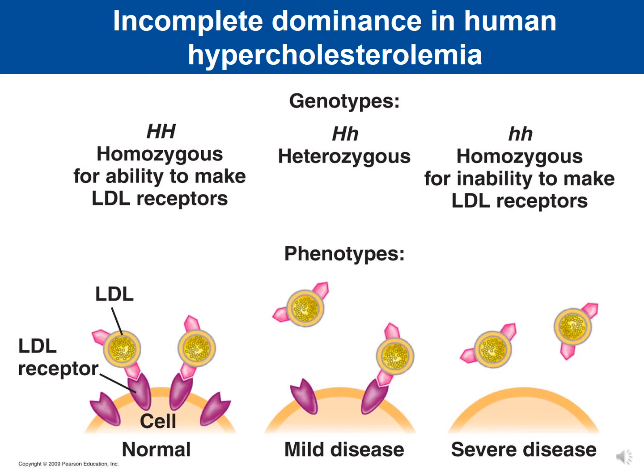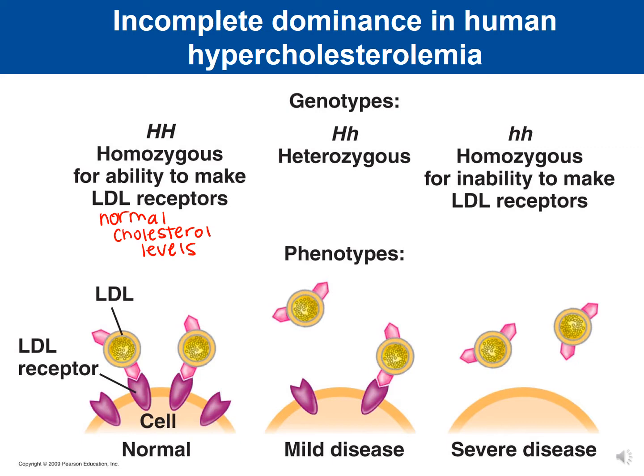And so what that means is that you're going to have normal cholesterol levels. So in the bloodstream, you maintain a normal cholesterol level because your cholesterol is able to get into your cells.